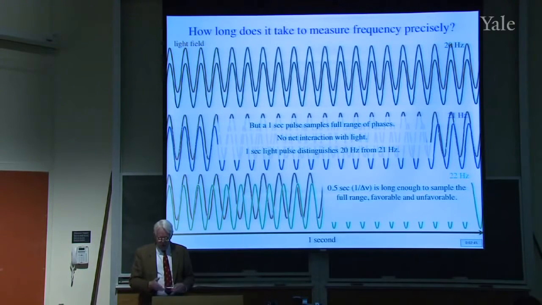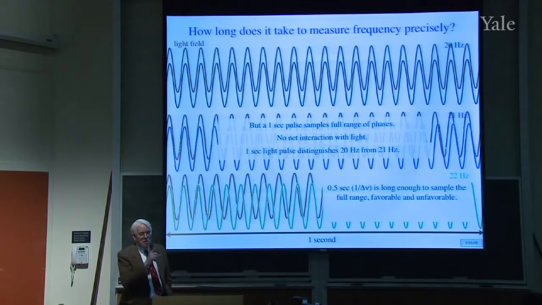That is 1 over the difference in frequency. That's long enough to sample the full range, favorable and unfavorable. So I can more quickly tell the difference when the frequencies are more different, right? It depends on 1 over the frequency difference. That's how long I have to go to know that I'm not going to get any action out of it, okay?